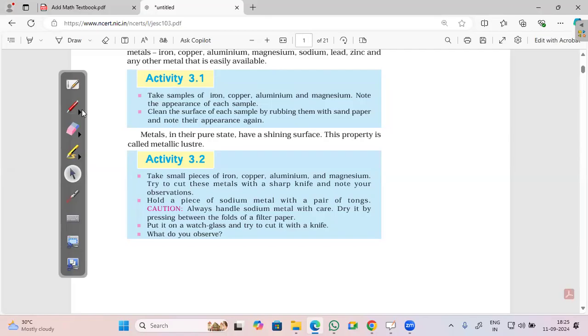Copper has a cupric brown luster. Aluminium has a slightly silvery or beige luster. So all the elements have their own luster. Luster means they have a shiny surface.